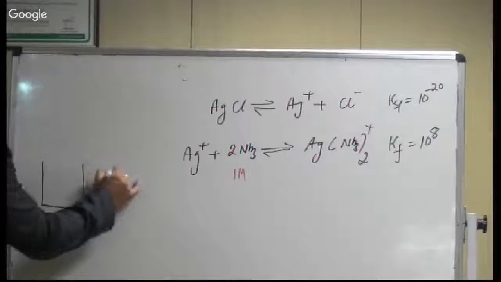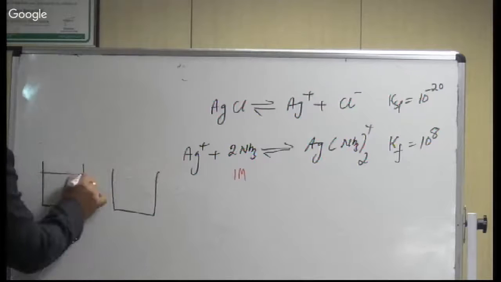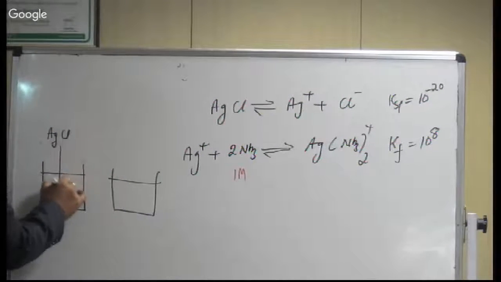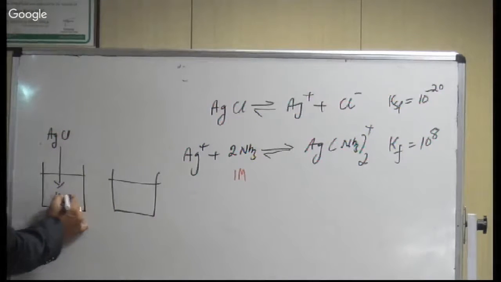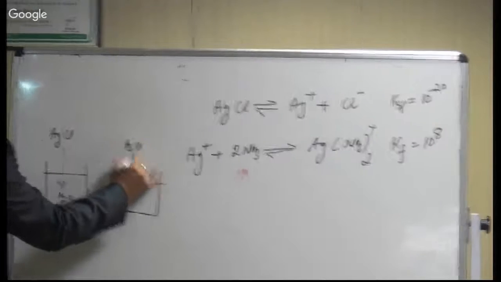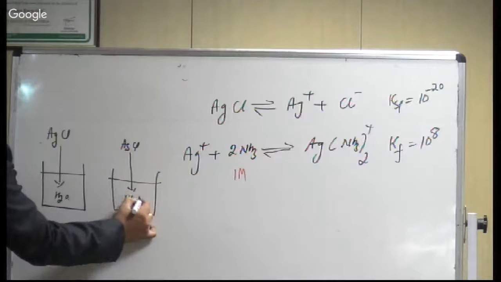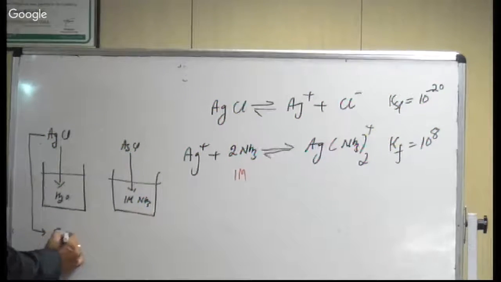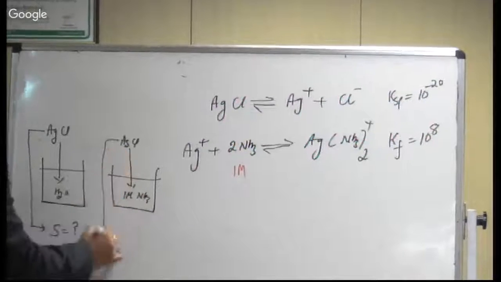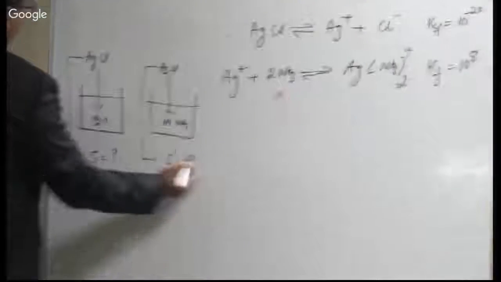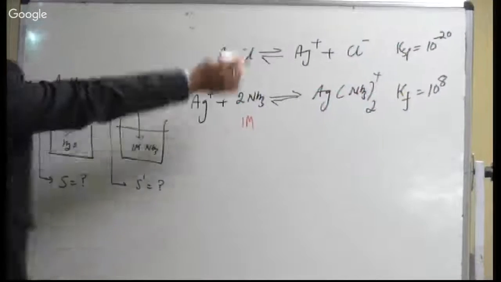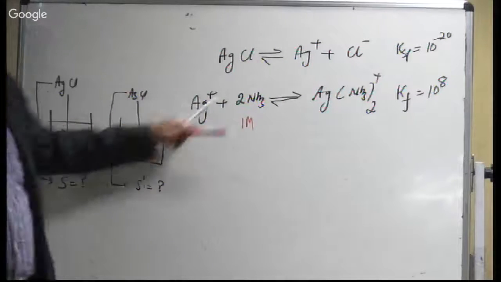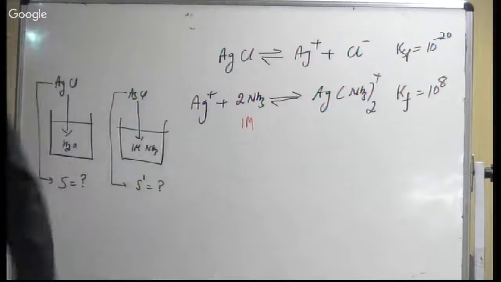Let's say we have taken two containers. In the first container I have added AgCl in water. In the second container, AgCl is added in 1 molar ammonia. Solubility of AgCl in water and solubility of AgCl in ammonia, these two values you have to calculate, given that the Ksp of AgCl is 10 to the power minus 20 and Kf of the complex is 10 to the power 8. Solve.